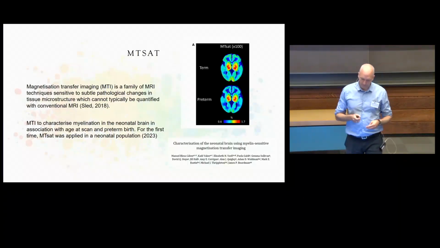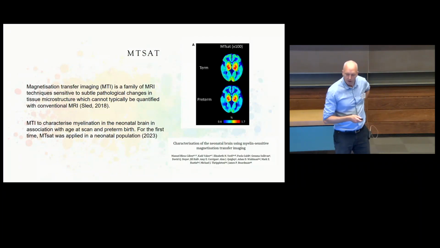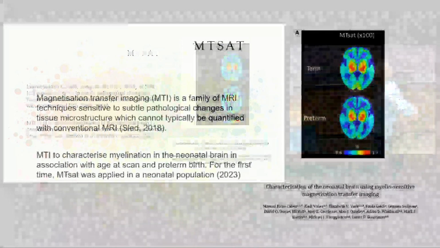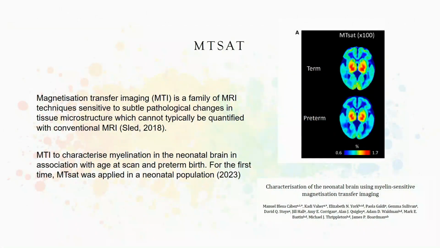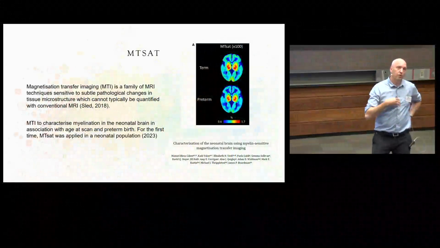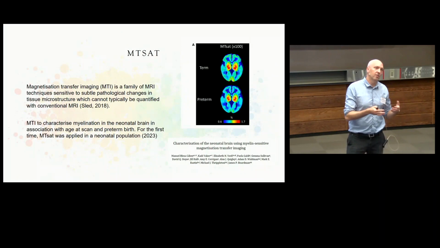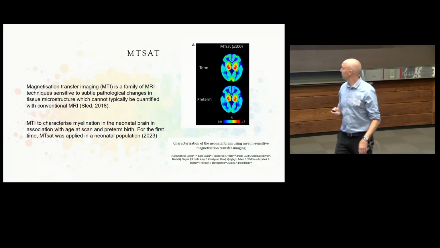So just the last couple of slides. MT-SAT is a method that we have not been using ourselves, but basically you can look at myelination and tissue microstructure. It's not a new technique, but I think it's just recently been applied in human neonates as a proof of concept, and you can also find different animal publications that use this to look at myelination in different disease models.